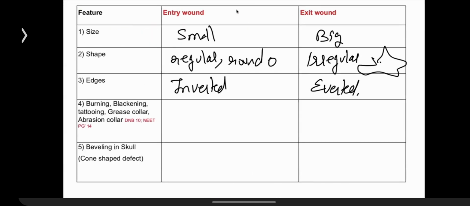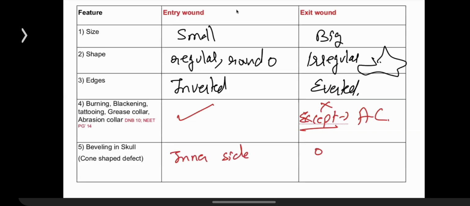The burning, blackening, tattooing, these are all the features of entry wound, not the exit wound, except abrasion collar, which can sometimes be present in exit wound also. Beveling of skull, in entry wound, it is on inner side. In exit wound, it is on outer side. Inner entry, exit outer.